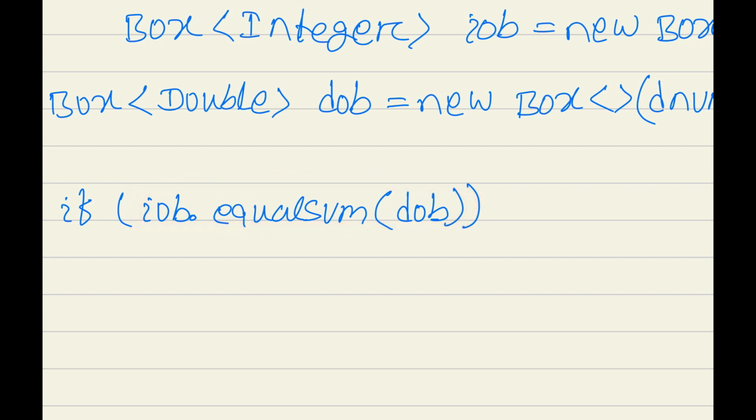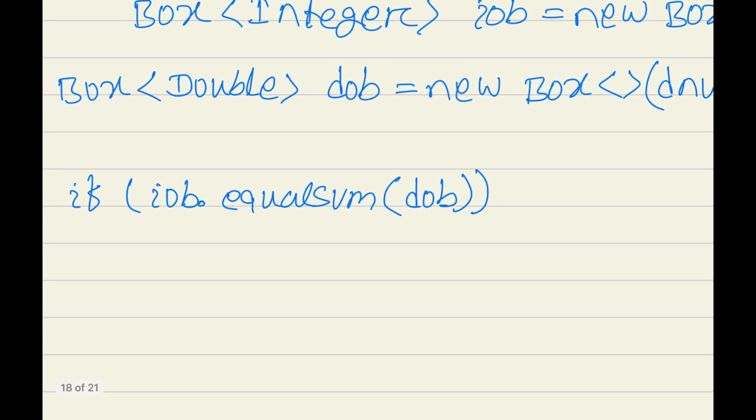That's why we are writing this using if. If the sums are equal, it is going to return true. If the sums are different, it is going to return false.